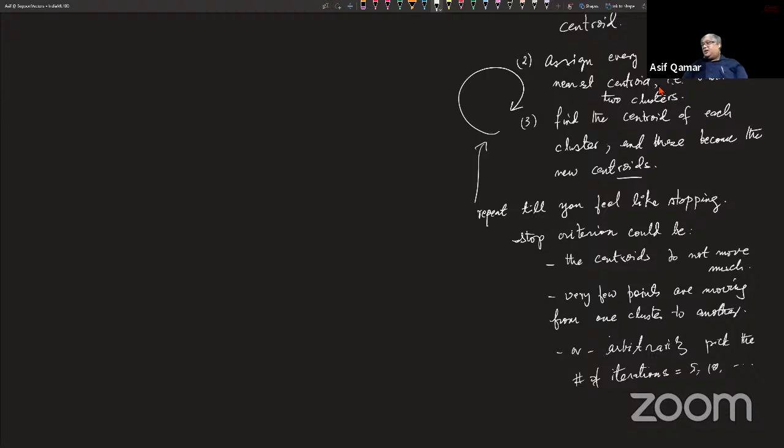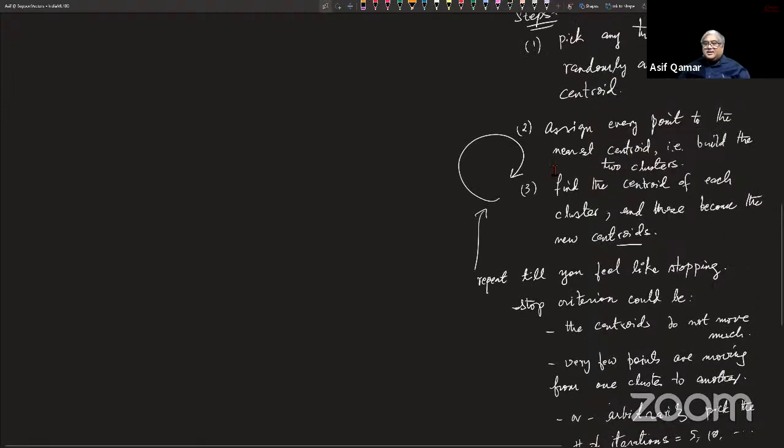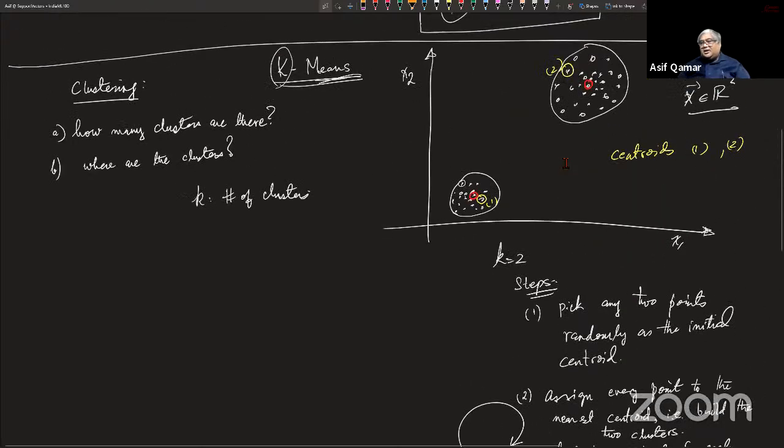And now you say, well, if you pick the number of iterations, what if you're not done? It is possible. Generally, k-means converges very fast. For example, in this case, you went from this to this, and from a random guess to the correct answer, quite literally in one step. Isn't it, guys? If you repeat it, you're not going to change your clusters very much.